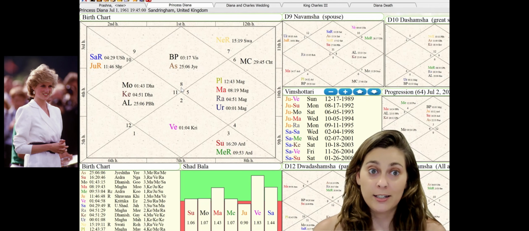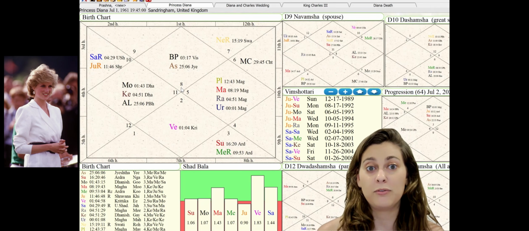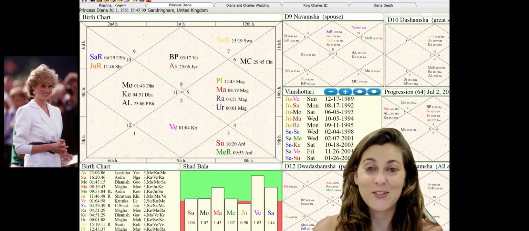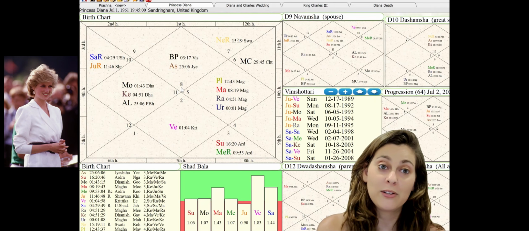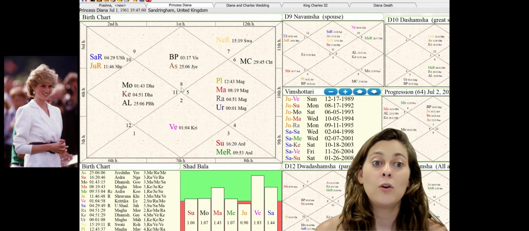Jyeshta is a nakshatra fully in Scorpio. It's at the very end of Scorpio before the change to Sagittarius. And Jyeshta is ruled by Mercury. Scorpio is ruled by Mars. First of all, Scorpio is a water sign ruled by Mars, a fire planet.